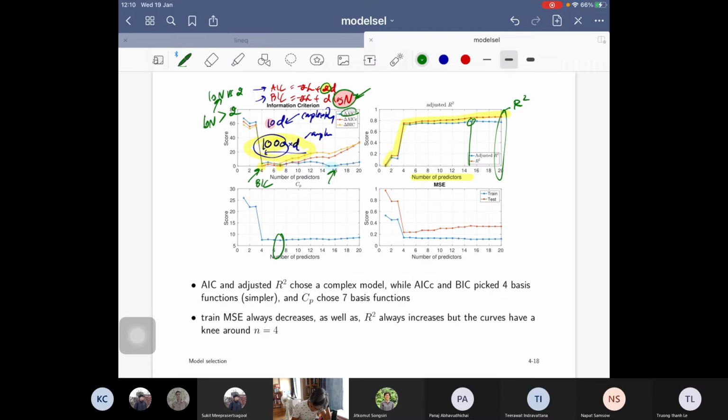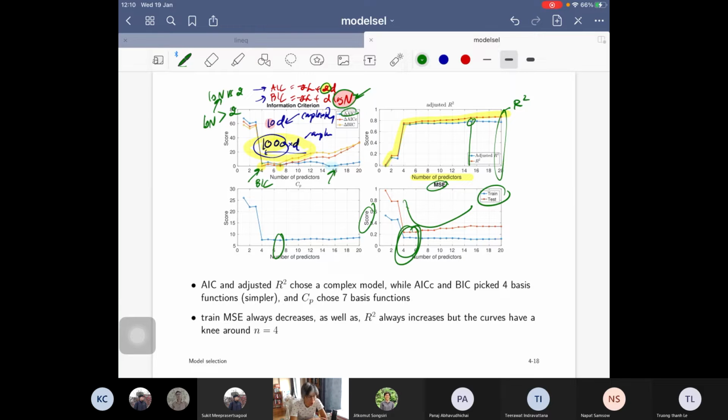And if we take a look at the MSE, now evaluated on the train and the test, you will see here that there's a kind of a knee curve, where the test MSE increases at this model complexity degree.